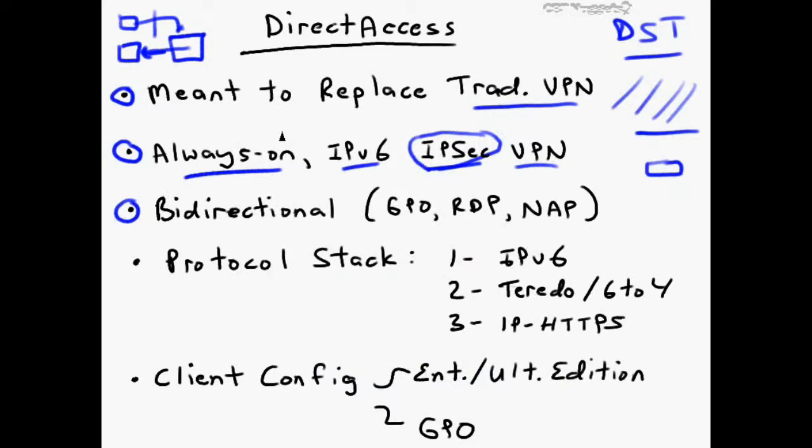Direct access, like I said, will, as long as the user is connected to the internet, transparently create a secure IPsec tunnel to the corporate network, and therefore the client is still protected with group policies. You can offer RDP or remote desktop protocol seamlessly to the user, and then there's this whole other protocol suite or functionality suite, to be more technical about it, called Network Access Protection.